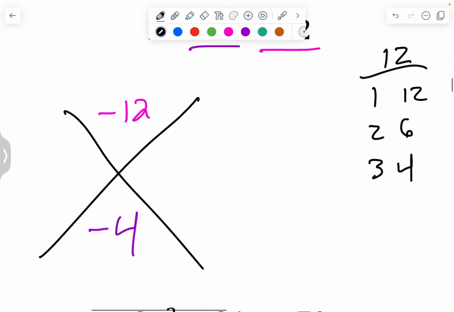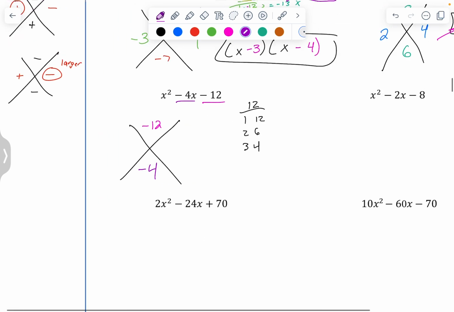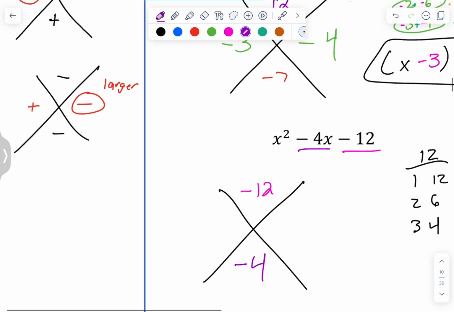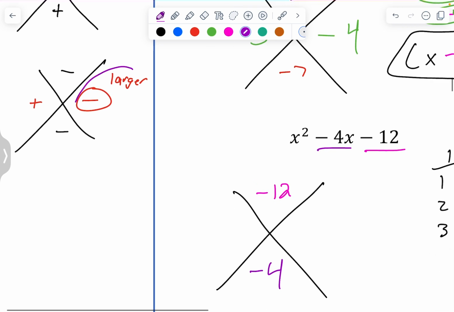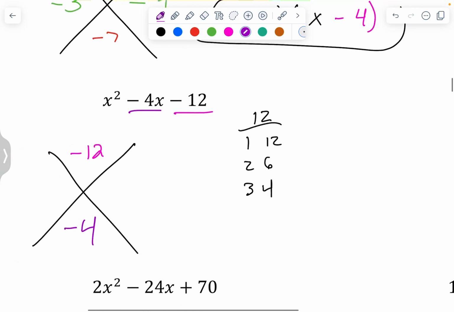I've got negative on the top, so that should tell me that I should have one of each. That bottom number being negative tells me that the larger of the two numbers should be negative. So one positive, one negative, but my bigger number should be negative. Smaller number is positive, bigger number is negative.